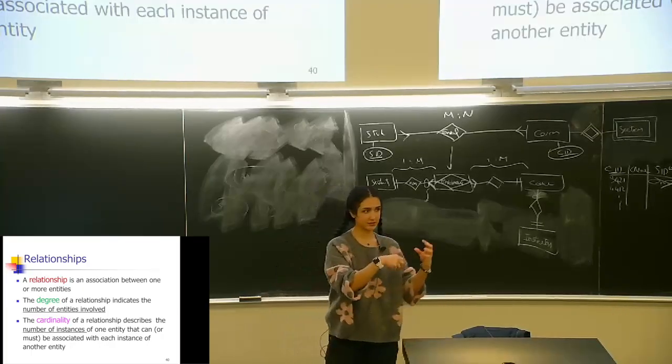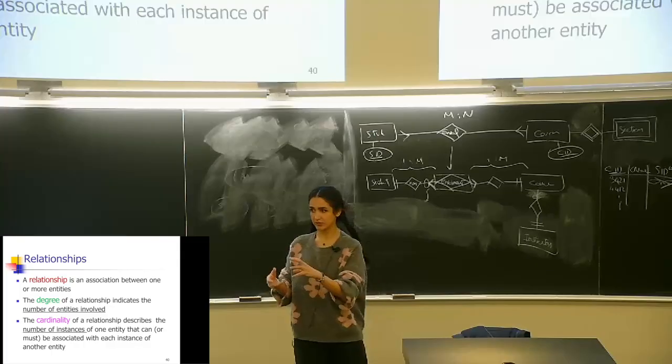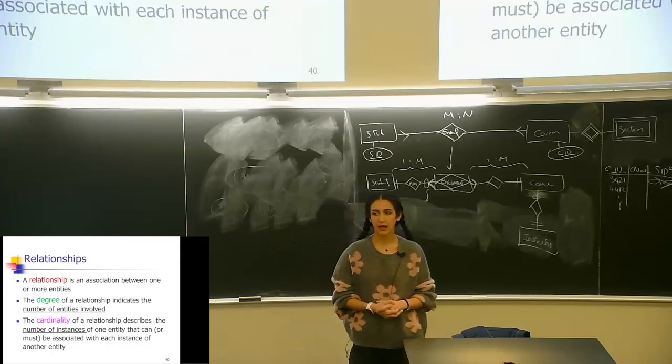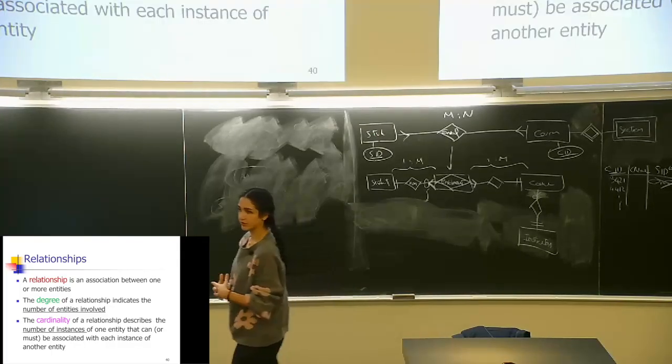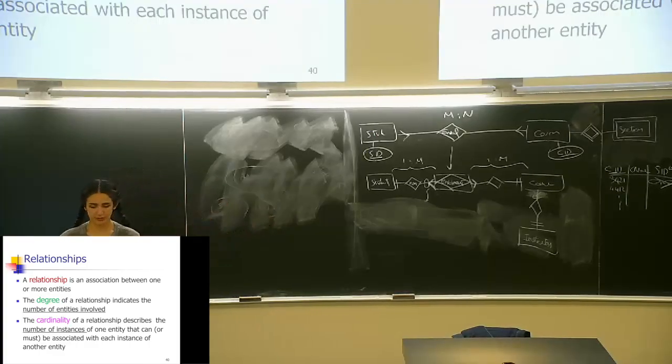Some instances in one entity have a relationship with other instances of the same entity. That is a typical example of a unary relationship. I'm going to explain more about that and how you represent it, but this is what it means. Association between one entity is a unary relationship, or between more entities like what we see here.